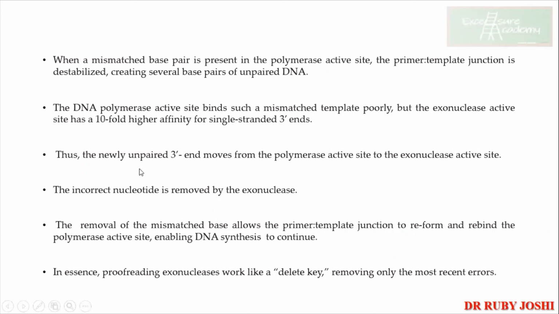Thus, the newly unpaired 3' end moves from the polymerase active site to the exonuclease active site. Exonuclease अपना काम करेगा. It is going to remove the mismatch, right? And then again, polymerase activity will resume. So, in essence, proofreading exonuclease works like a delete key, removing only the most recent errors.